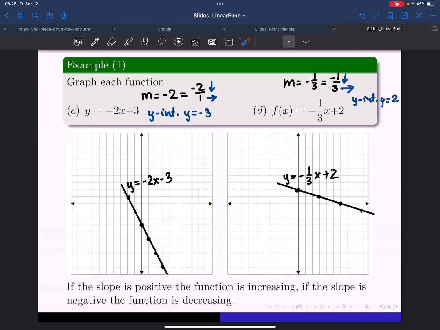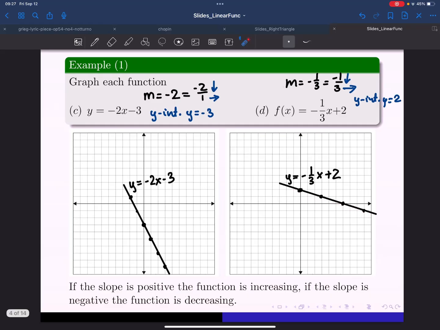If we look at the graphs that we graphed, we can notice what we have written on the bottom. If the slope is positive, the function is increasing. If the slope is negative, the function is decreasing. The slope is negative, so here it is going down the hill. Here is also negative, it's going slowly down the hill.